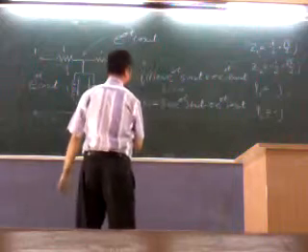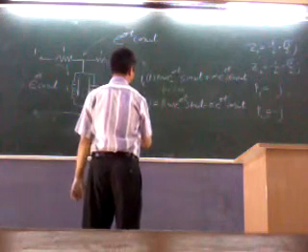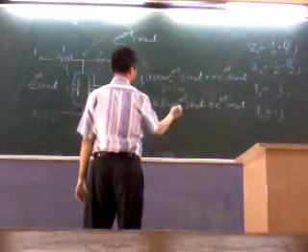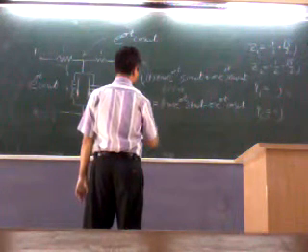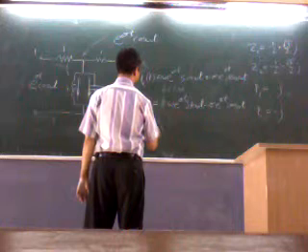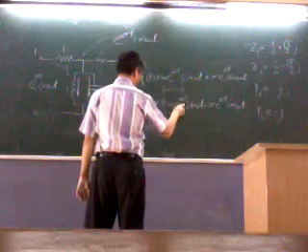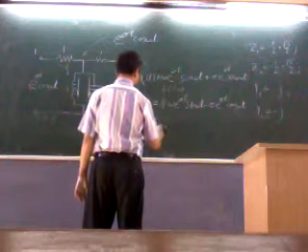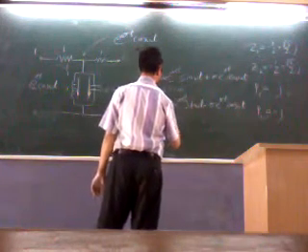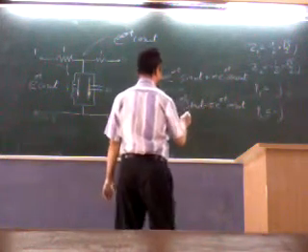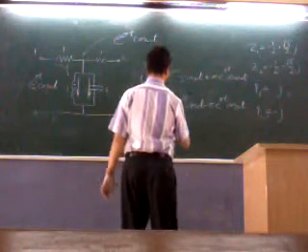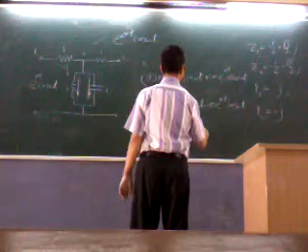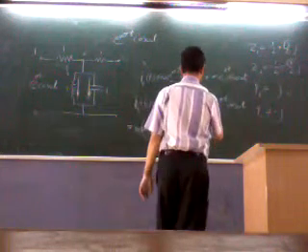I will find omega into bracket, getting rid of this e raised to sigma t, omega cos omega t plus sigma e raised to sigma t sin omega t.